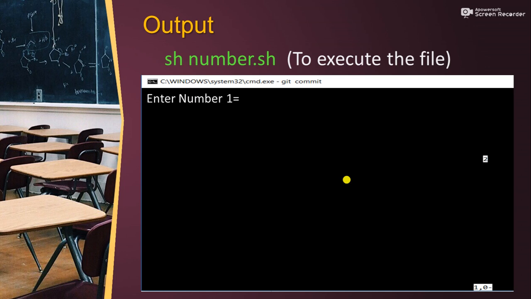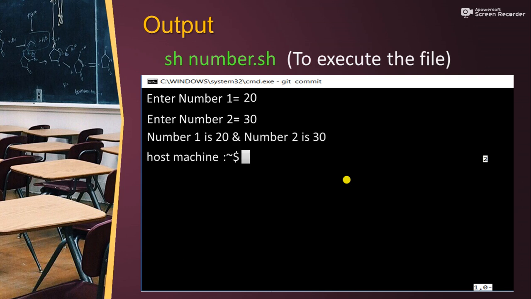Over here I will enter the number 1, suppose the value is 20, and after that press enter. Our next message is "enter number 2". Number 2 value will be, suppose, 30, and the final message is "number 1 is 20 and number 2 is 30". As you can recognize in the script, we have written the last statement with echo, that is echo minus e in double inverted commas, number 1 is $a and number 2 is $b.